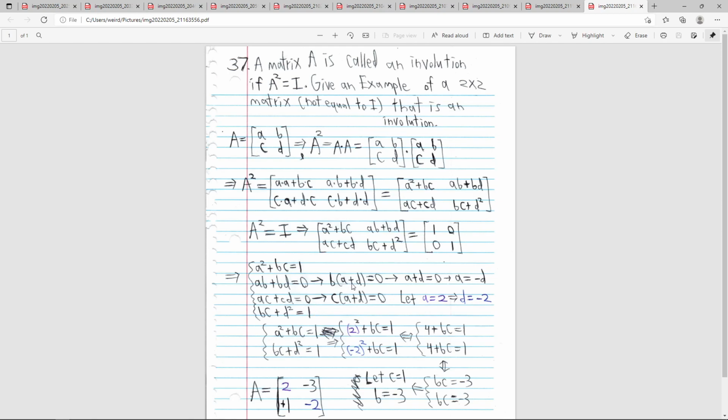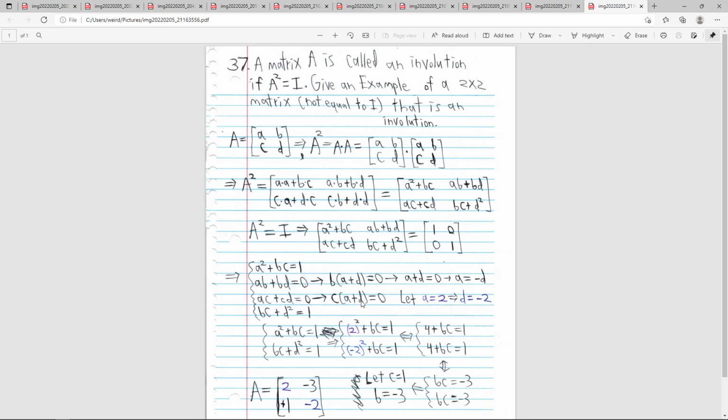So b times (a plus d) equals 0, and c times (a plus d) equals 0. Because we know this property, when you have a product equal to 0, you can split it up. B times (a plus d) equals 0 means that b equals 0 or a plus d equals 0.